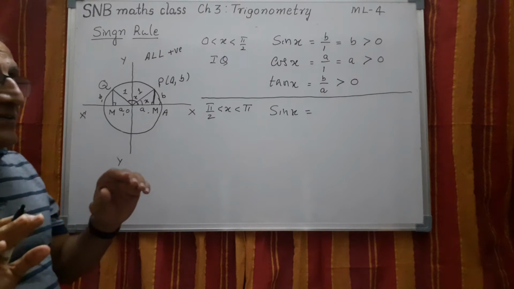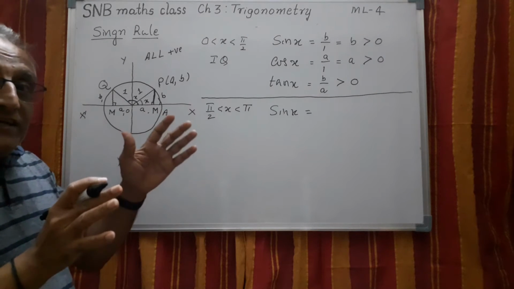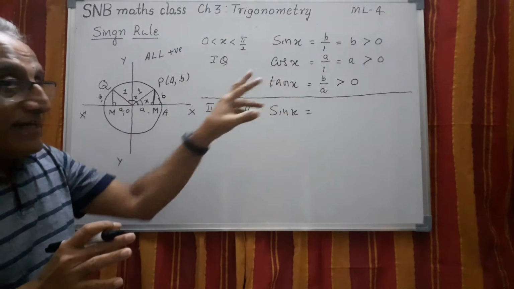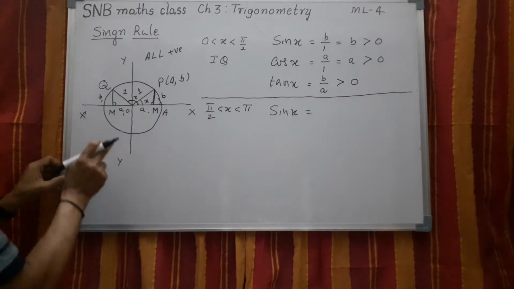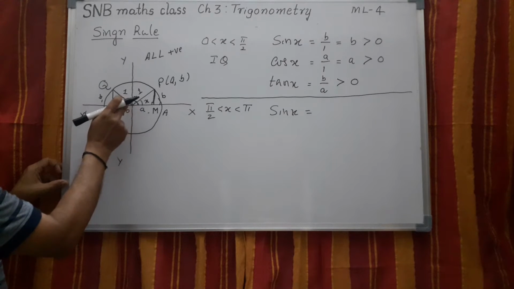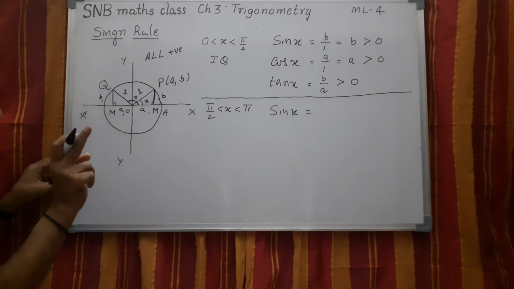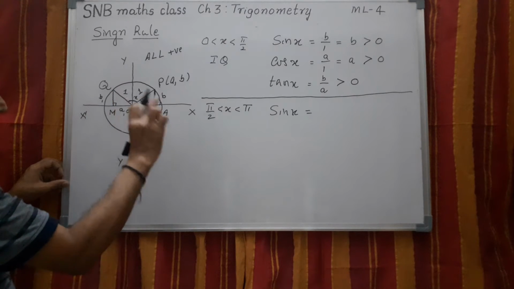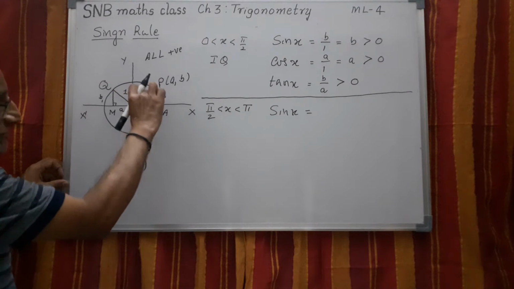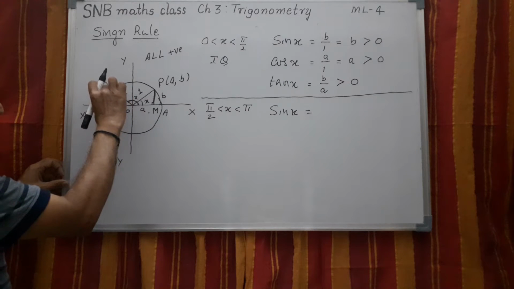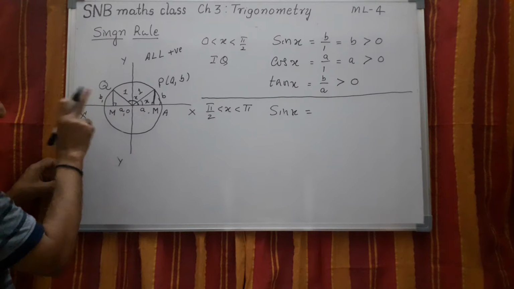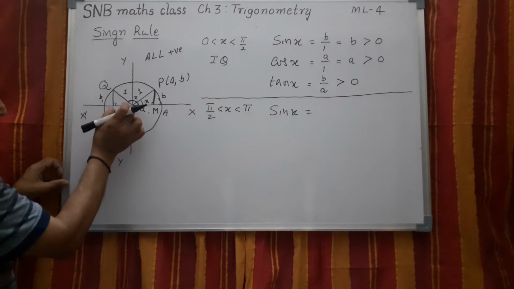Whatever way we defined in high school level to define sin x, cos x, tan x, that cannot be used here. See here, this is the angle x. Try to understand. What is the opposite side of this one? There is no meaning. So actually what you have to do is, you have to drop the perpendicular, and that perpendicular should be taken as b1. So this is the opposite side of this angle. This is the adjacent.